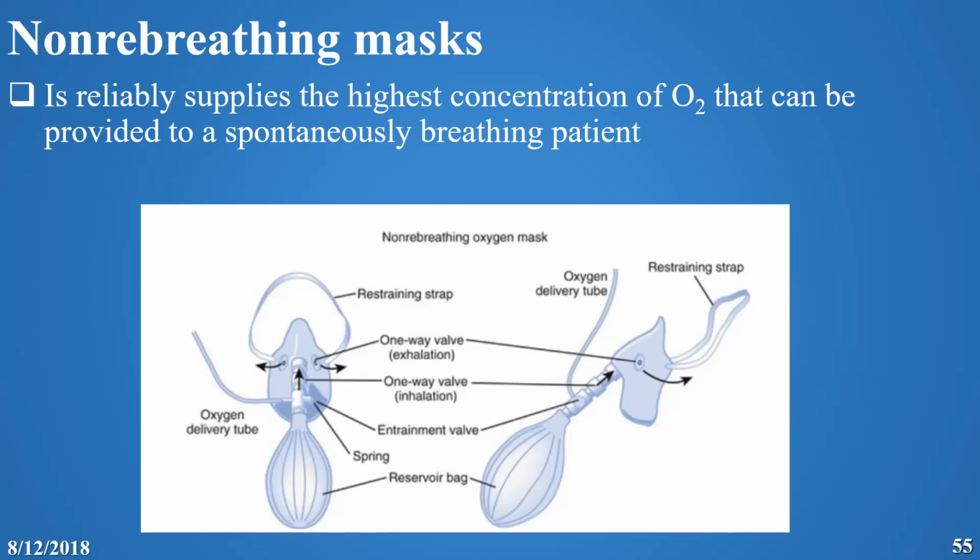You can see the strap. Okay. And you can see the reservoir, and the reservoir here is a closed reservoir. Any question? Remember, all masks are used in a spontaneously breathing baby.